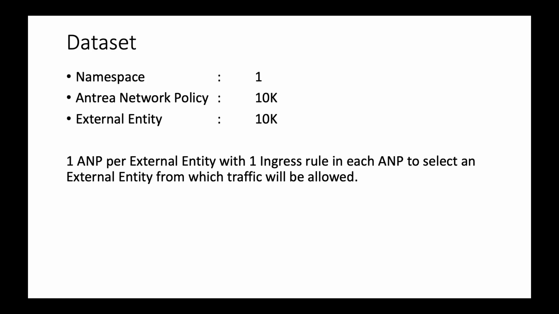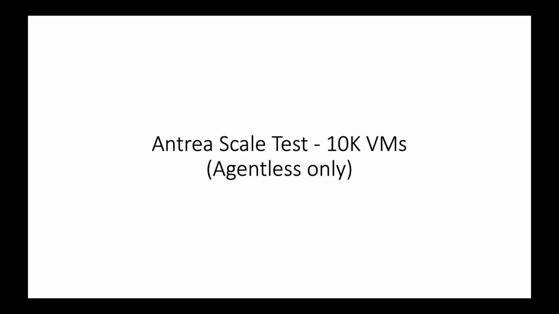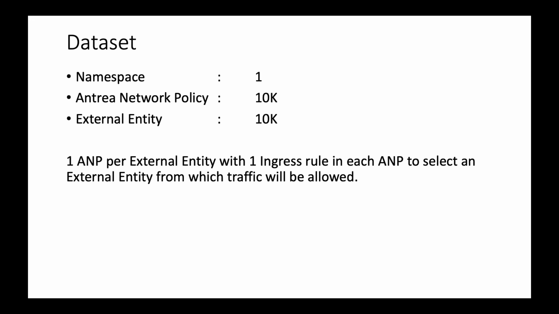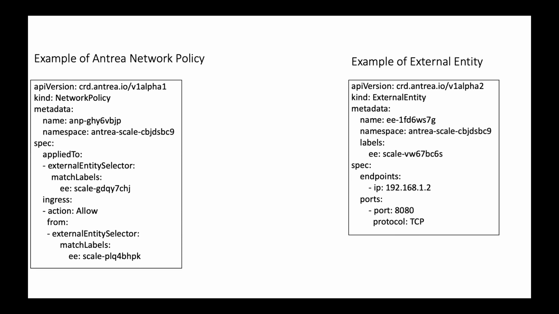But why did we use external entities specifically in this benchmark? Yeah, because the topic is 10,000 VMs, and the VMs are registered as external entities in Antrea. When you want to apply Antrea network policies on VMs, you register the VM as an external entity in Antrea, then you apply the Antrea network policy, and in the applied-to you select an external entity selector and then match labels.